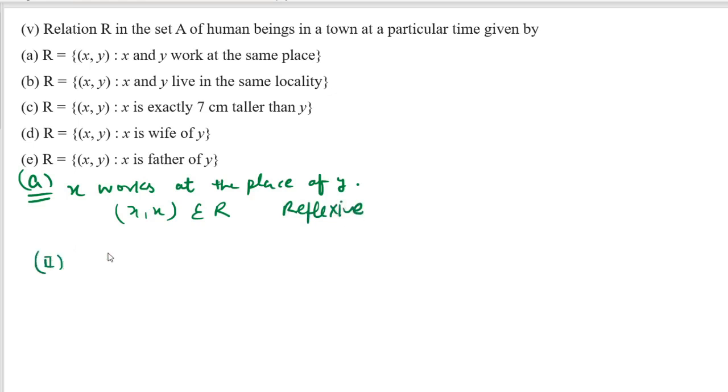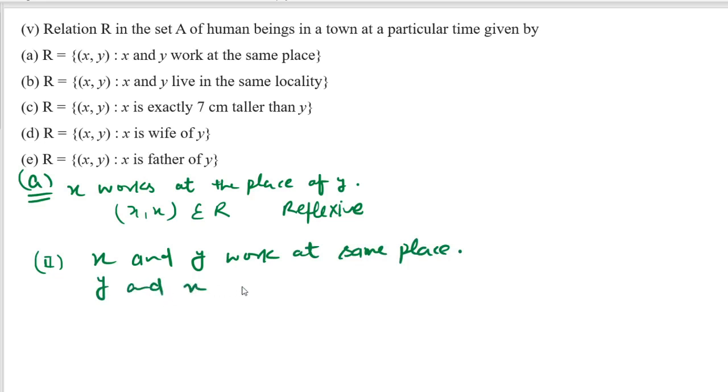For the second part, for the symmetric, if x and y work at the same place, I can also say the same thing: y and x work at the same place.